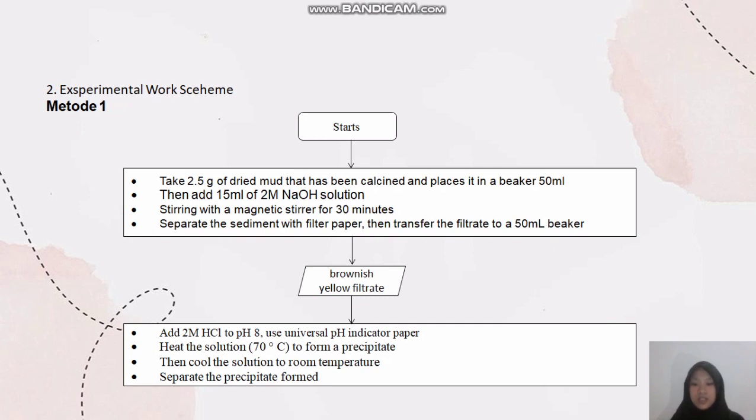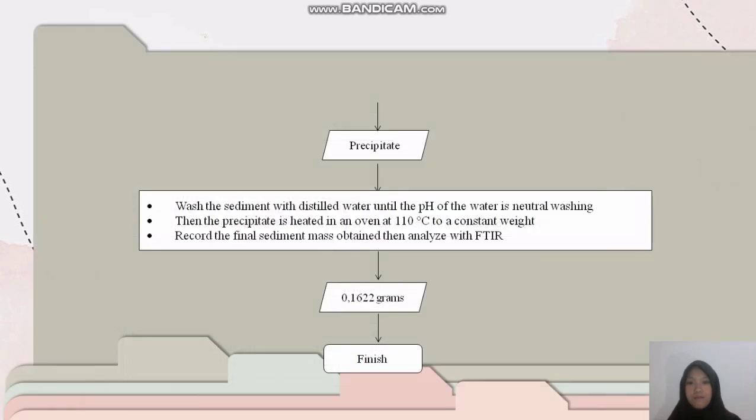Heat the solution to form a precipitate. Then cool the solution to room temperature. Separate the precipitate formed. Product: precipitate. Wash the sediment with distilled water until the pH of the water is neutral.